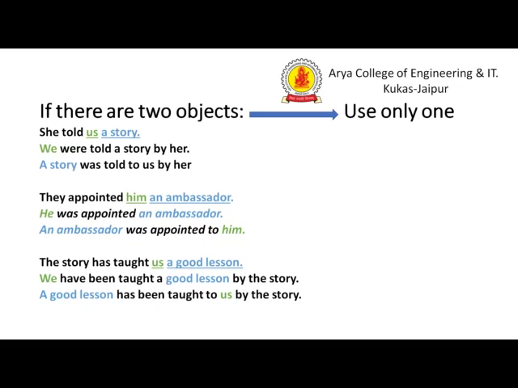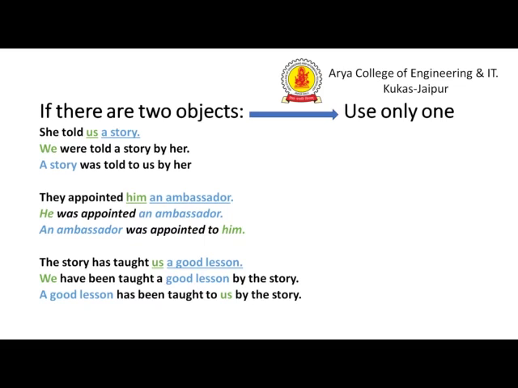So here there are two ways we can solve this question. First of all, if there are two objects in a sentence, then the priority goes to: we were told a story by her.